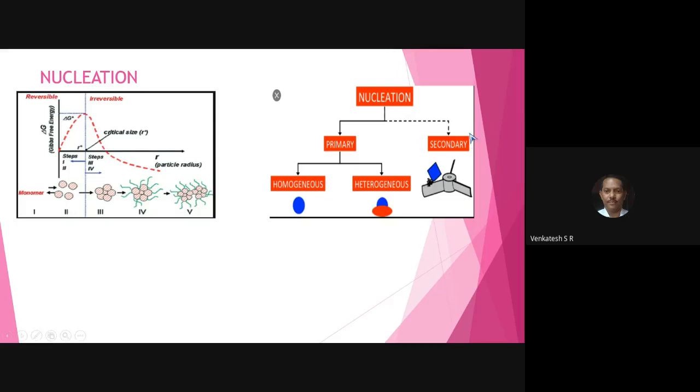If you mix metal with non-metal, metal with wood, or metal with other metal, the secondary type of nucleation takes place. It's not much important for you. You have only primary nucleation, which is classified into two: homogeneous nucleation and heterogeneous nucleation.